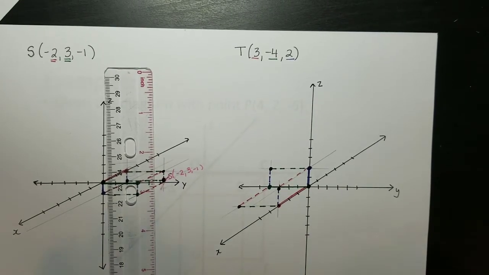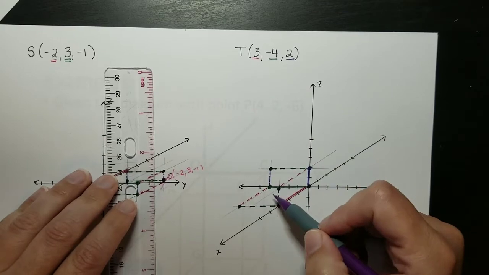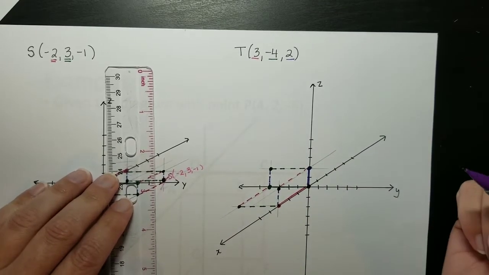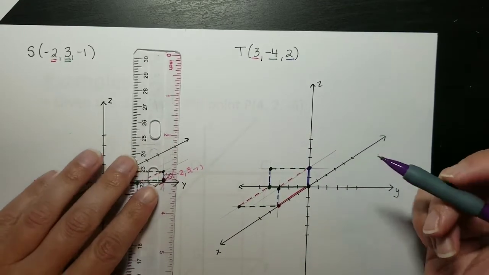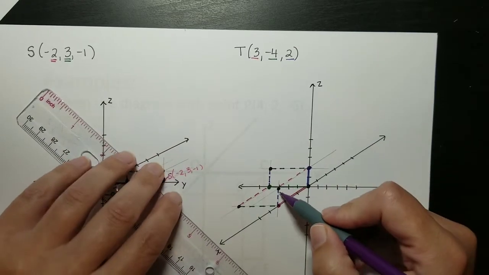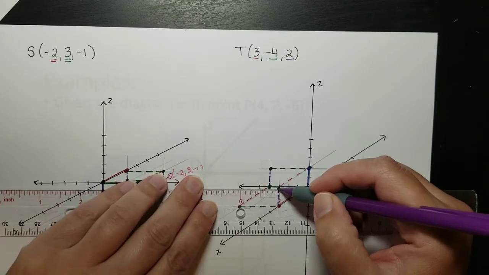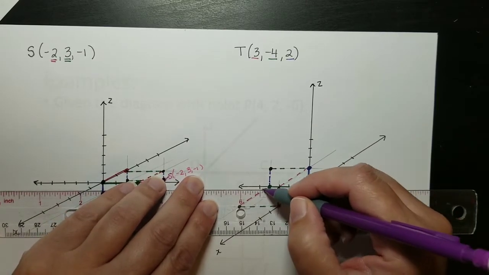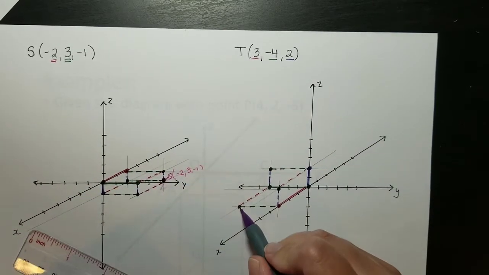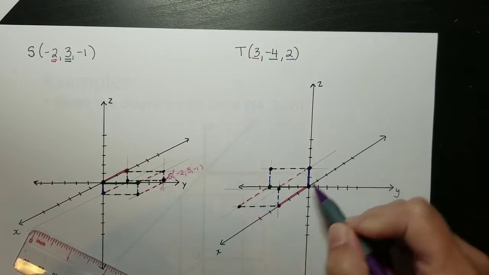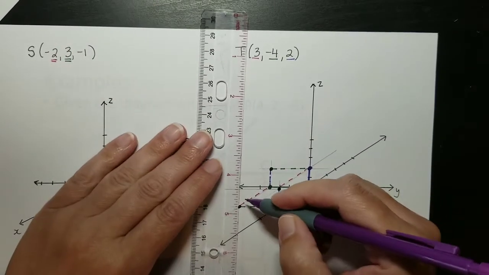My last one, I need to extend from these 3 points that were on the XY, YZ, and XZ planes. So this one came from blue and red. I'm going to extend another line parallel to the green, the Y-axis. This one came from red and green. I'll extend a line parallel to blue.